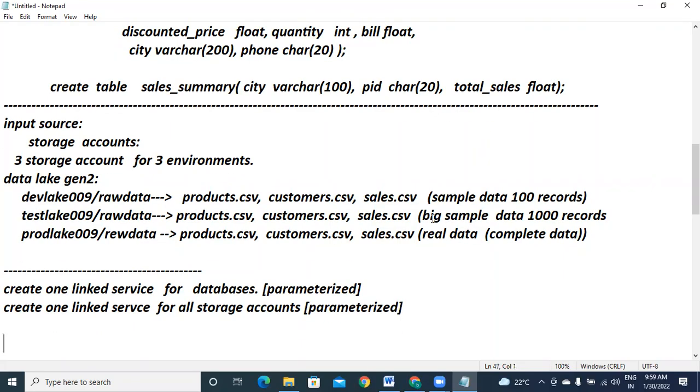Now, create data sets for all source and targets. So in this example, I'm keeping source as data lakes.